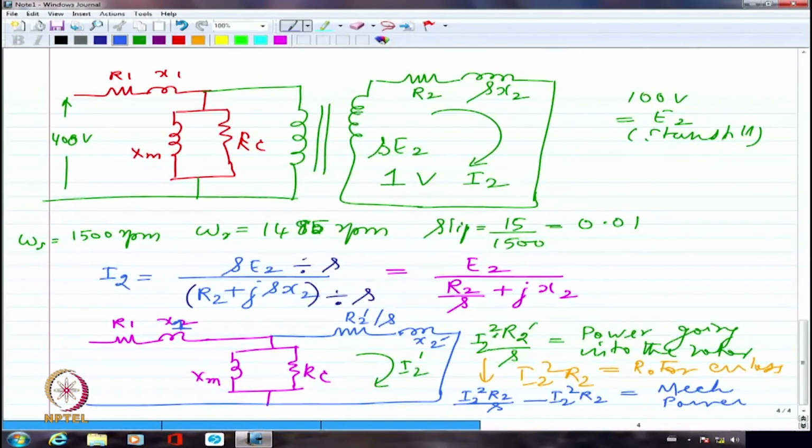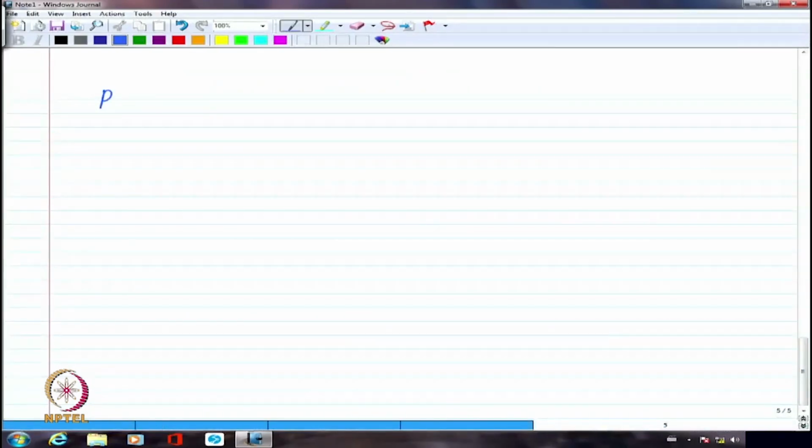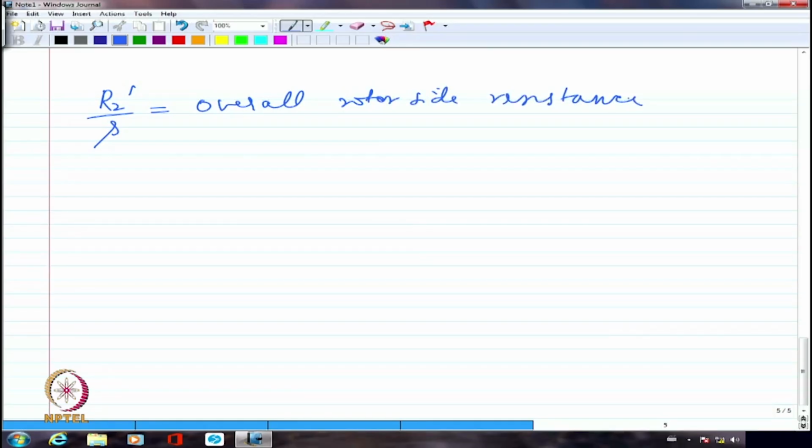Right? So, I should be able to write this resistance, which I got as R2 dash by S. This R2 dash by S was the overall rotor side resistance in the equivalent circuit. This I am going to bifurcate into two portions.